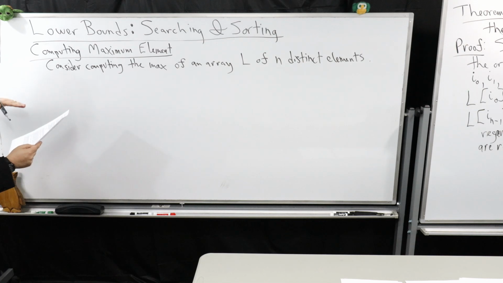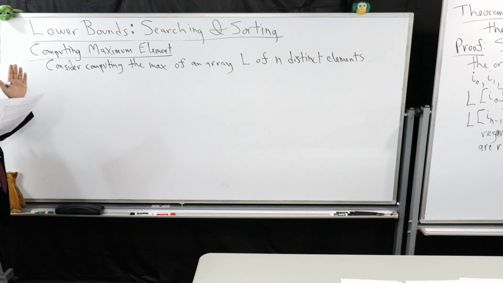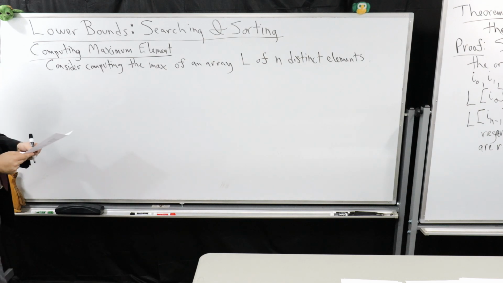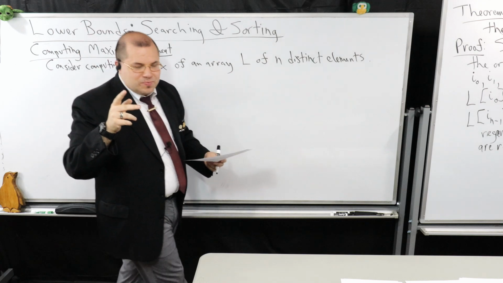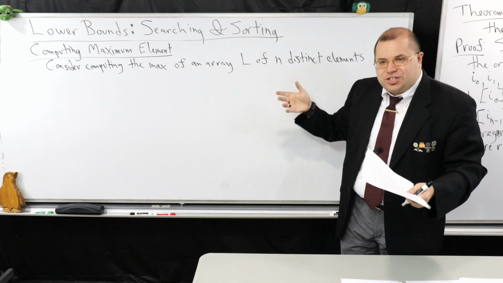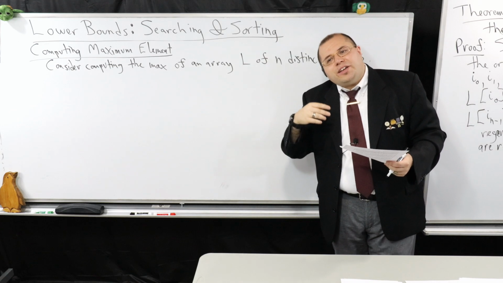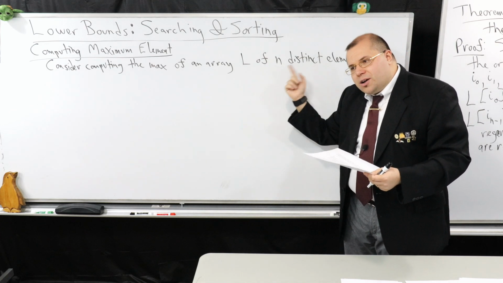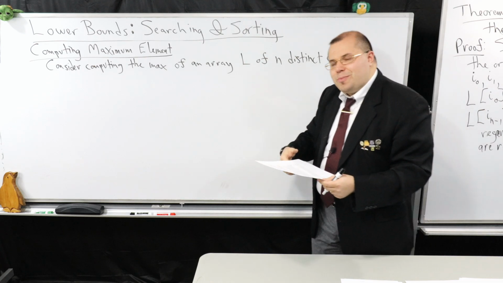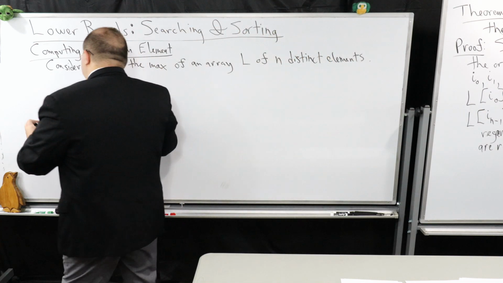I'm just going to whip through this. The way an adversary could frame this problem is to think of it like a tournament. Instead of just picking positions, I could imagine each element in my array being compared against each other, like a tournament. So imagine you're having some sporting event.